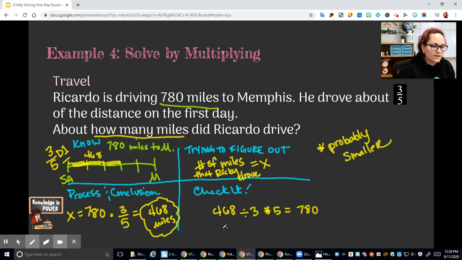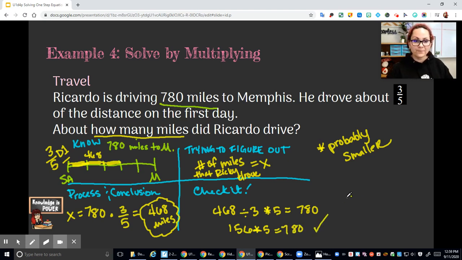And so I'll put it in my calculator. I got 468 divided by 3, and I get 156 times 5, and multiply that by 5. Ta-da! It works. Yay! Okay, so we have successfully figured out and calculated the number of miles that Ricardo drove on day 1.